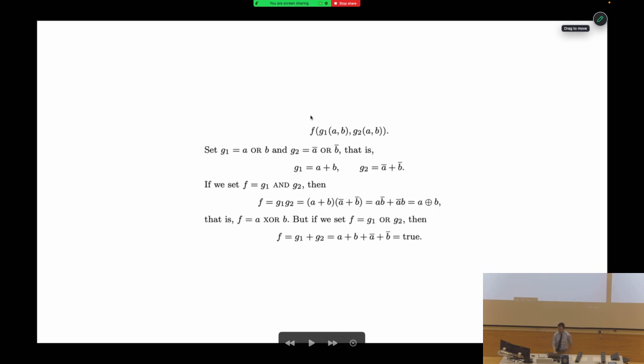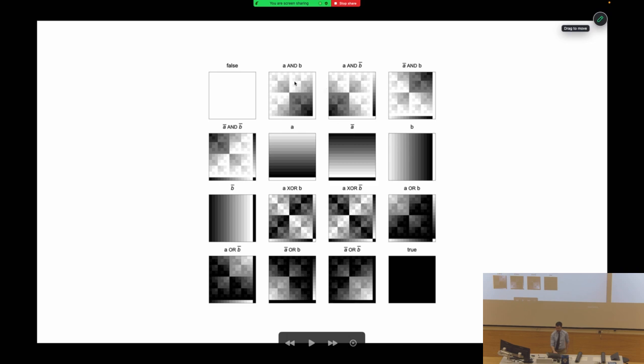How many different ways are there to play this game? There are 16 choices of f, 16 choices of G1, and 16 choices of G2. So let's just plug those all in. Here, these 16 panels are our different choices of F, the 16 Boolean functions.